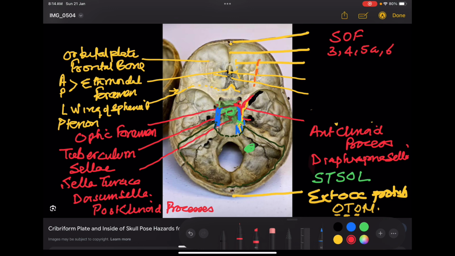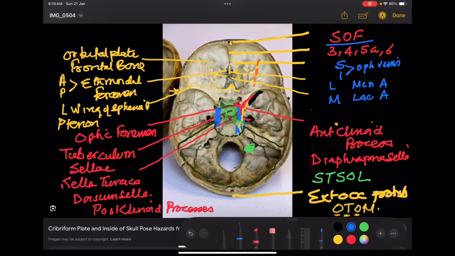It will pass the superior and the inferior ophthalmic veins, and it will pass the lacrimal branch of meningeal artery and meningeal branch of lacrimal artery. So these are the structures that pass through the superior orbital fissure.